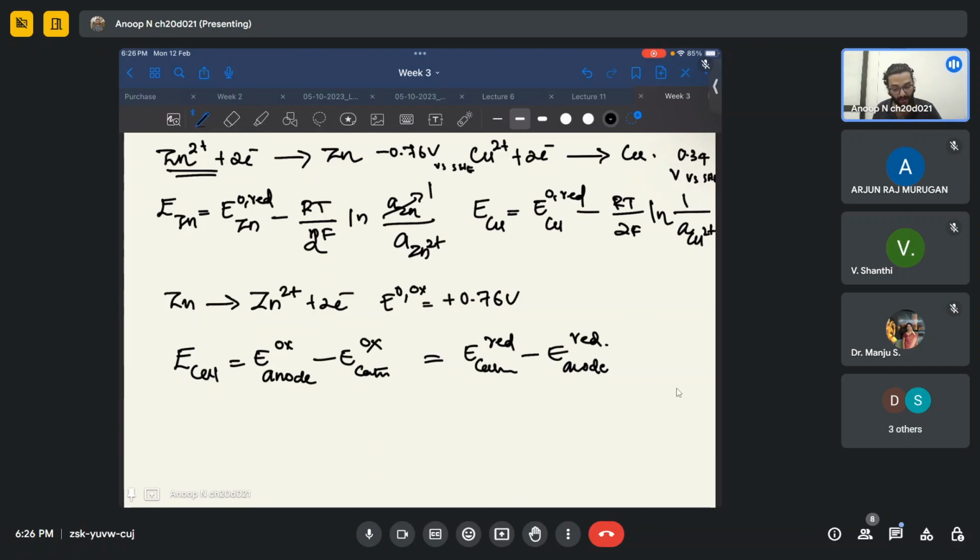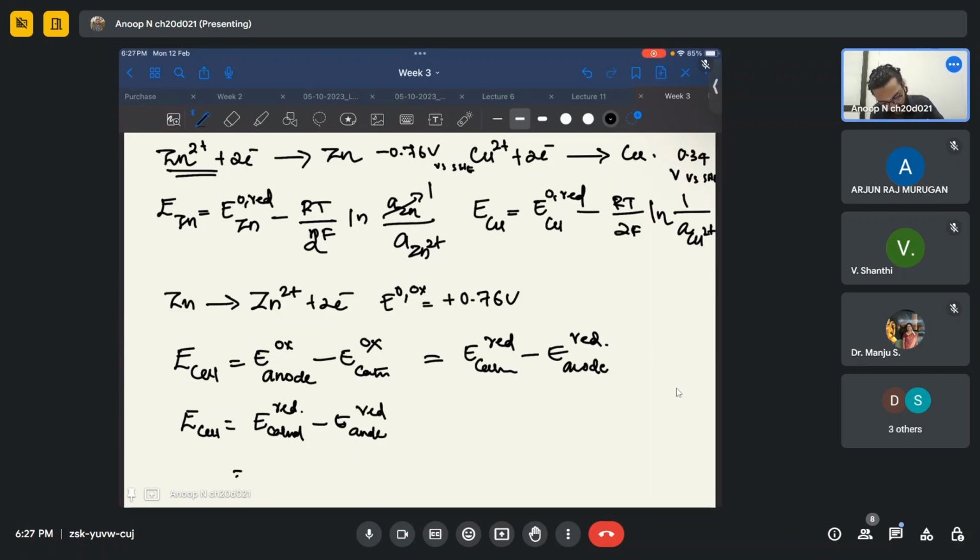Okay. So here I am representing all the half cell reactions in the reduction form. So I'll be writing E cell is equal to E cathode minus E anode. In order to avoid confusion, I will write both reduction. So in both forms, the sign convention is important. If you take the sign conventions and values correctly, your answer won't change whether you are taking oxidation potential or reduction potential.